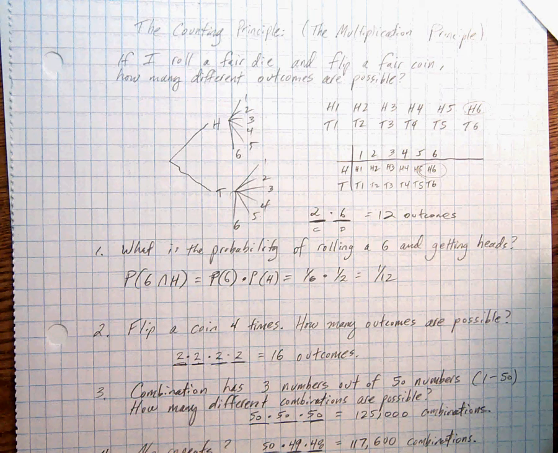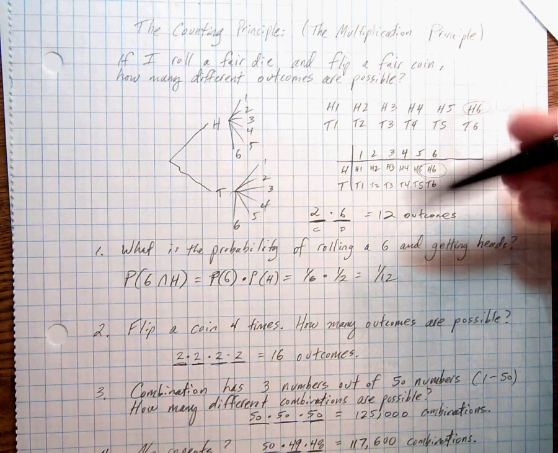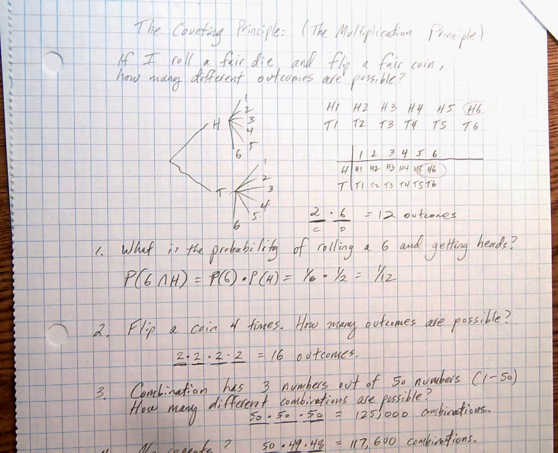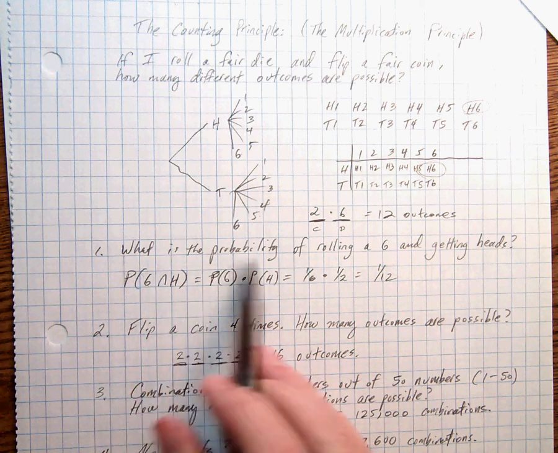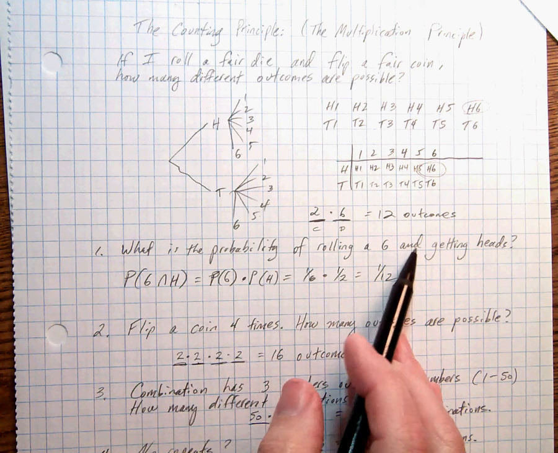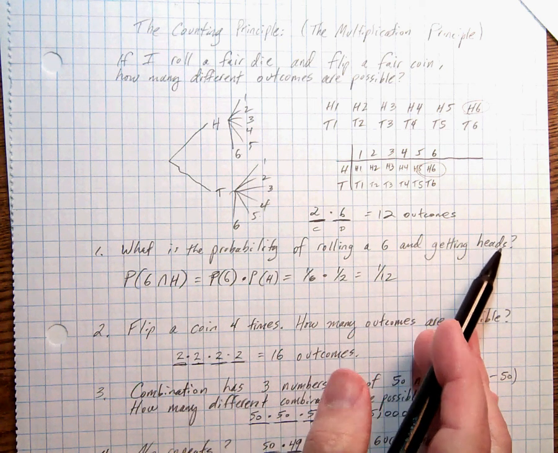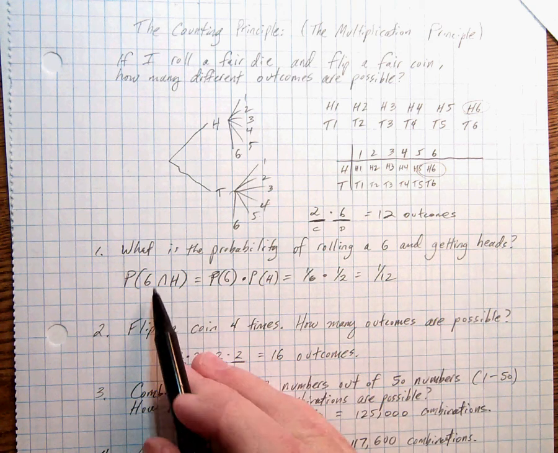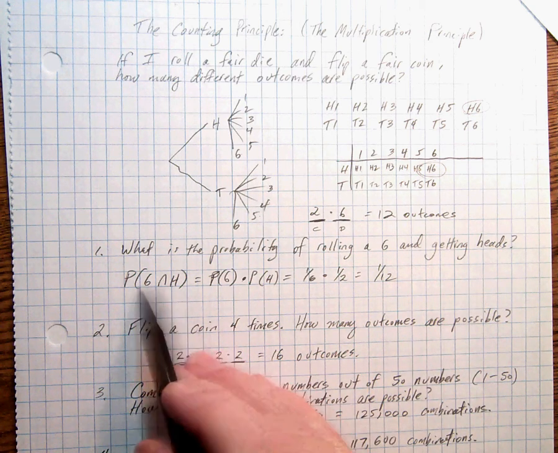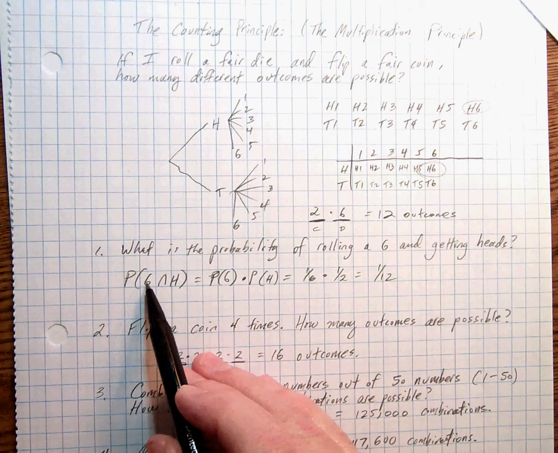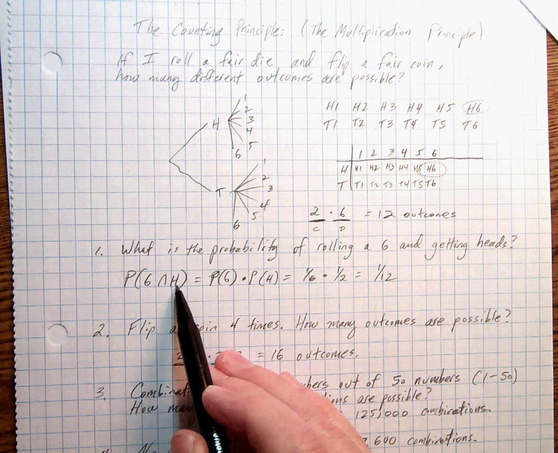And then from there, we would need to get into a little probability. So if I were to ask, what is the probability of rolling a 6 and getting heads? Then, as you can see, this is how you'd write that symbolically. So 6 on the die and heads on the coin.